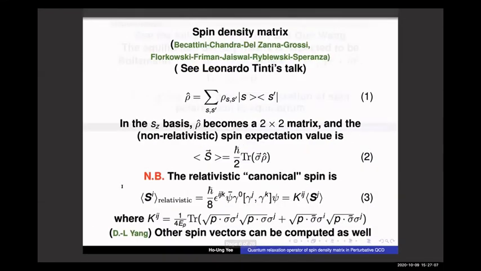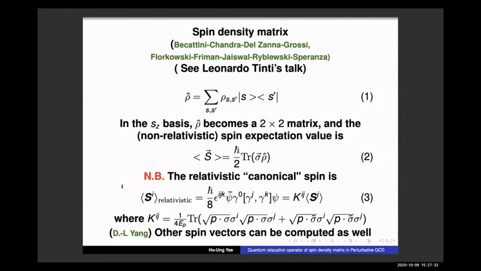So my talk will be somewhat technical in some aspects, but let me try to emphasize the most basic physics behind those technical computations. Now this spin density matrix was introduced long ago by many colleagues here, so I will not go into too much detail on that.